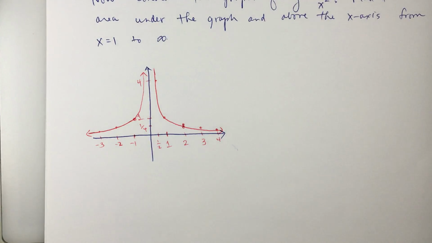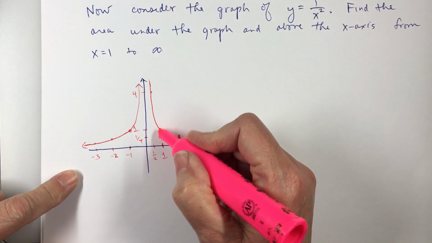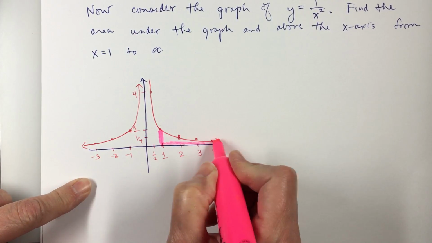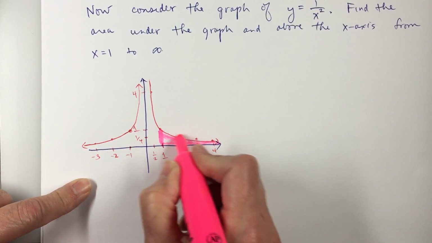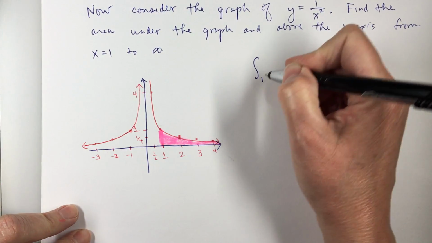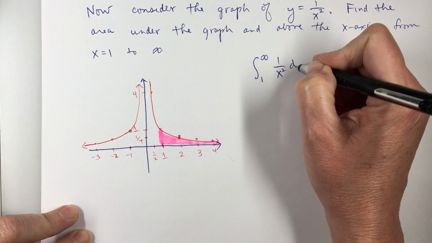But for this calculus problem, I would like to find the area from x equals 1 to infinity, and this is an improper integral. So this would be the integral from 1 to infinity of 1 over x squared dx.